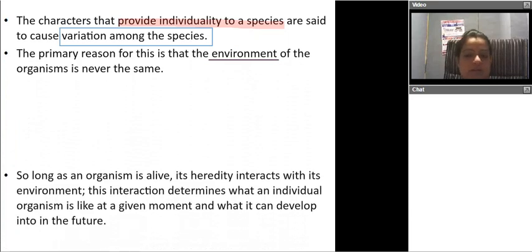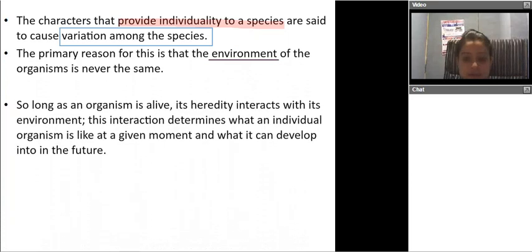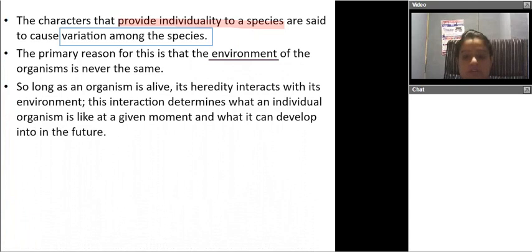So in order to adapt to its environment in a better way, living organisms inherit or develop changes. The heredity of an organism interacts with its environment, and this interaction determines what an individual organism is like at a given moment and what it can look like if it develops further in future.